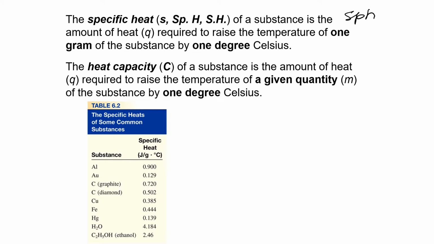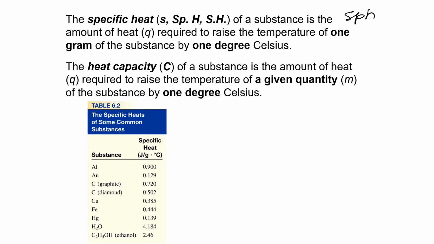Basically the specific heat is unique to a substance, and it's the amount of heat required to raise the temperature of 1 gram of that substance by 1 degree Celsius. These have all been experimentally determined, and you can look them up in a table. But we can also calculate them from experimental data, which is how we made the table to begin with.